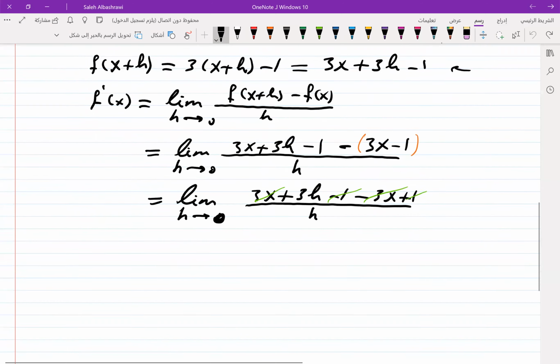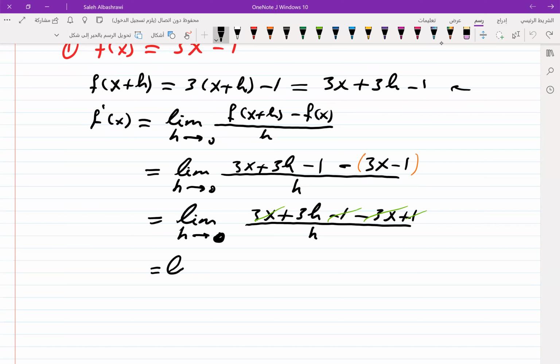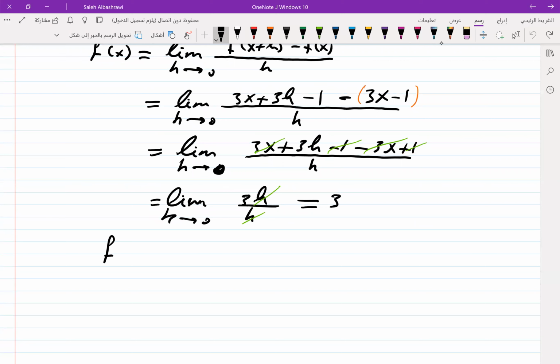So the remaining will be the limit of 3h over h, where h goes to 0, and h will cancel h. So I will have 3 only. So we'll say that the derivative of this function is equal to 3. This will be the derivative of the given function, f prime of x equal to 3. Let's take another one.